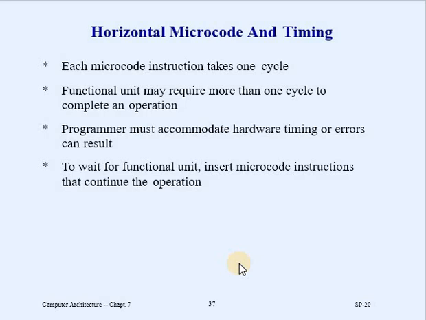For example, if we bombard the microprocessor with do this, do that, and it is busy with the last preceding commands, it's not a good situation. We have to accommodate it and give the microprocessor its due course of time.